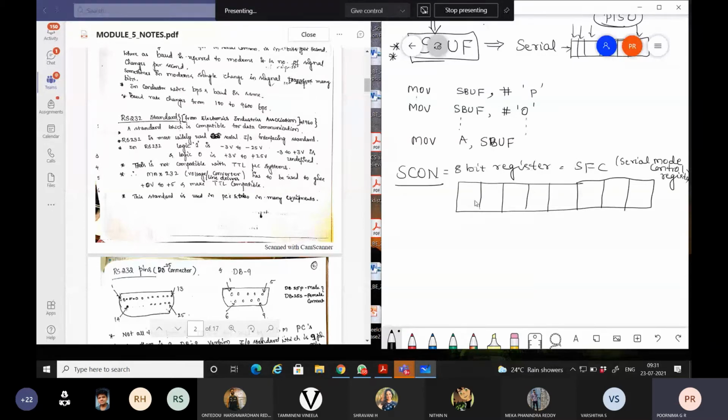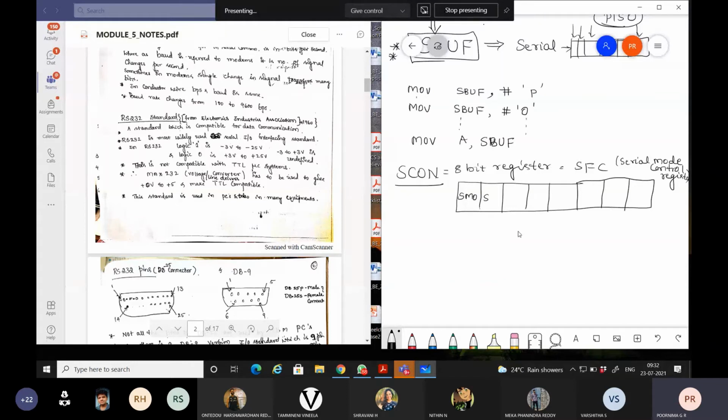Then the pins of this SCON register will be represented as SM0.